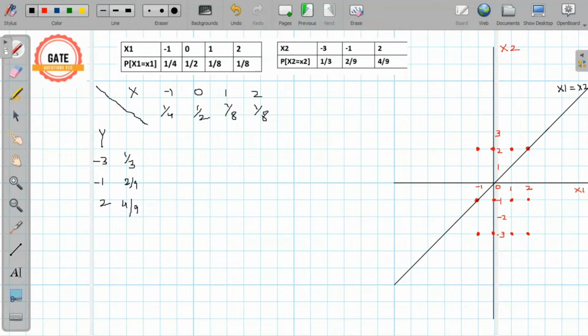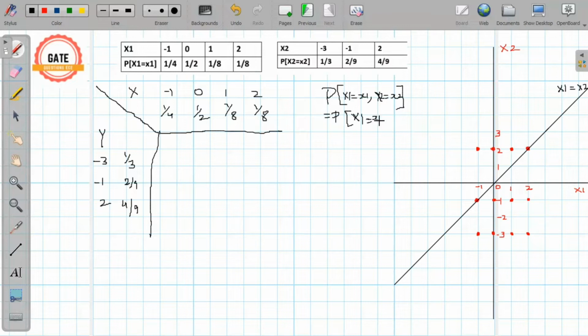Now we will write the joint PMF of X1 and X2. We know the joint PMF of two independent random variables is the product of the marginal PMFs, so the probability that X1 is small x1 and X2 is small x2 equals the probability that X1 is small x1 times the probability that X2 is small x2.